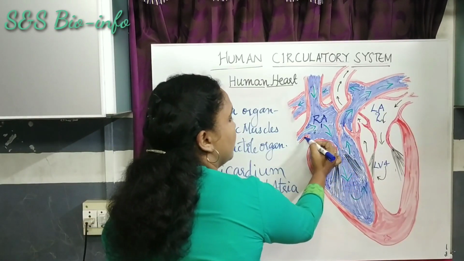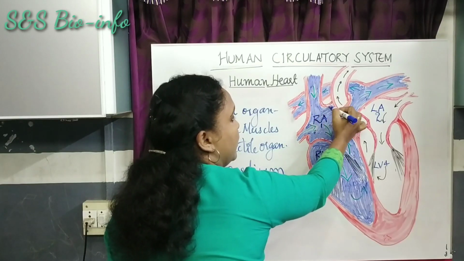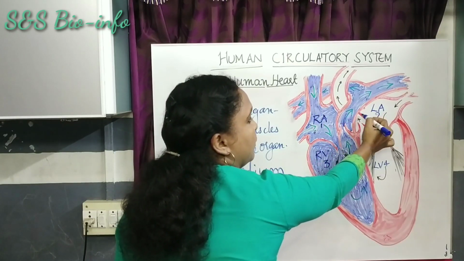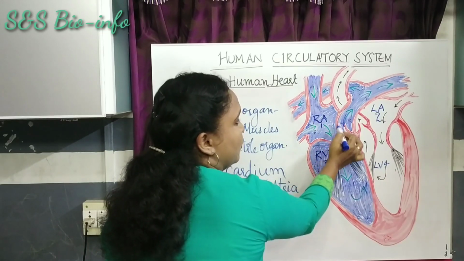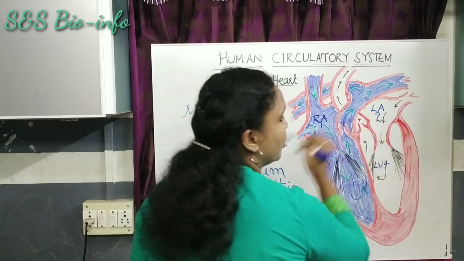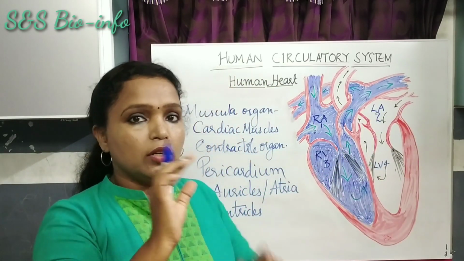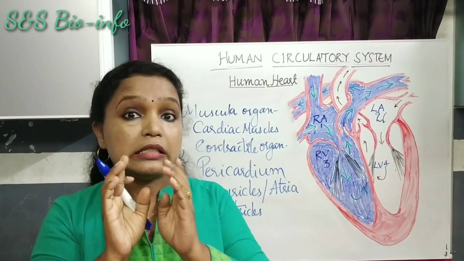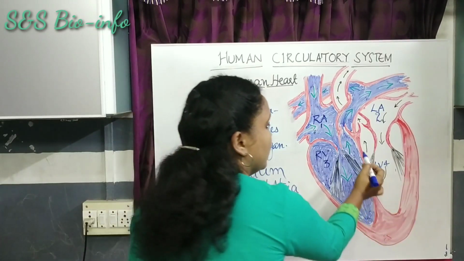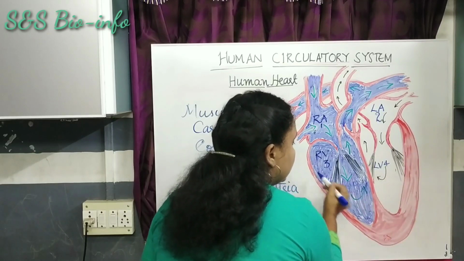See, then the wall of the atria. The wall is thin comparatively. See, this one, this is the wall. This is also the wall of the atria. So, the wall of the atria is thin, while the wall of the ventricles are thick.